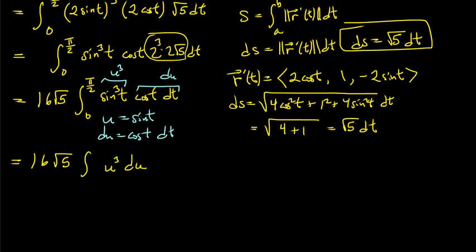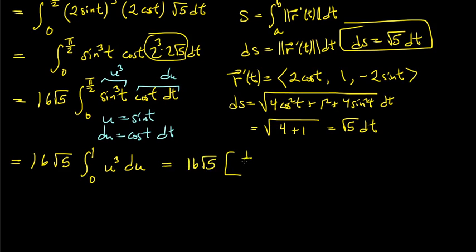And what about the limits? When t is 0, sine of 0 is 0, so the lower limit is 0. And sine of pi over 2 is 1. So we're just integrating from u equals 0 to u equals 1.